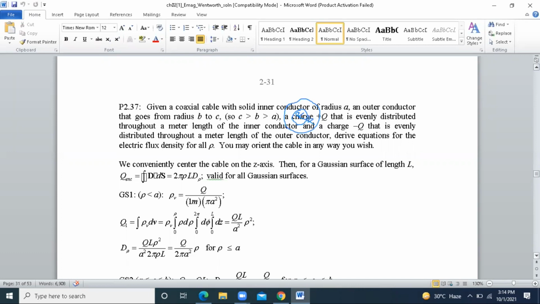So from there, all you need to do for rho less than A, right? This is what this works out to.